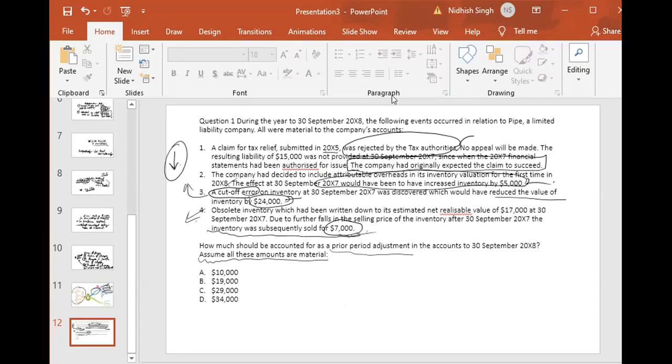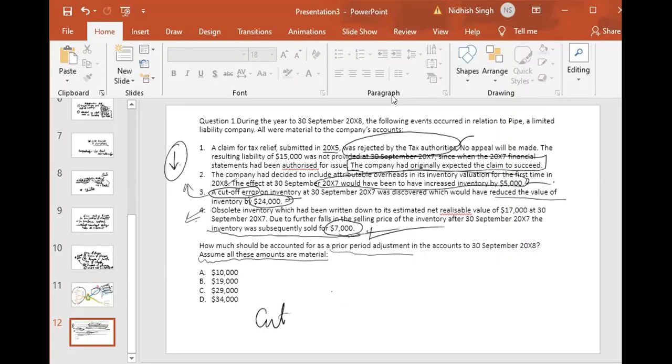So since it has been sold now, it has already given the impact to the current year financial statement. So our overall adjustment required for the year is 24 plus 10K, so it will be 34K because of a cutoff error which has happened here.